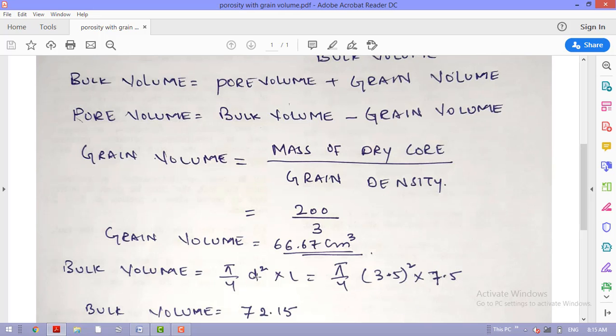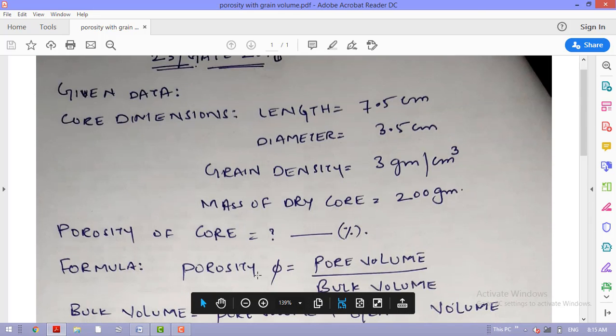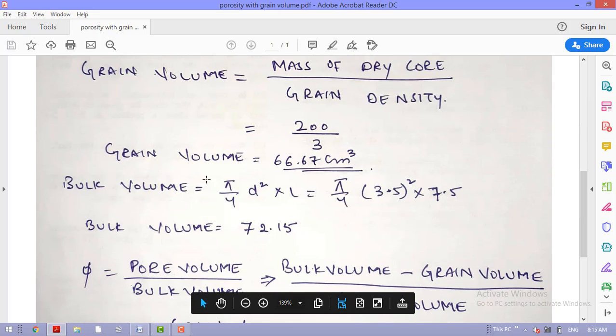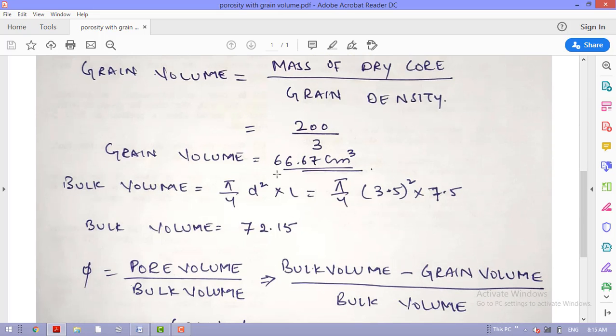As he has given the diameter as 3.5, the formula for the bulk volume is pi by 4 d square into L, or you can simply use pi r square into L, where the r value will be exactly half of 3.5, which will be 1.75.